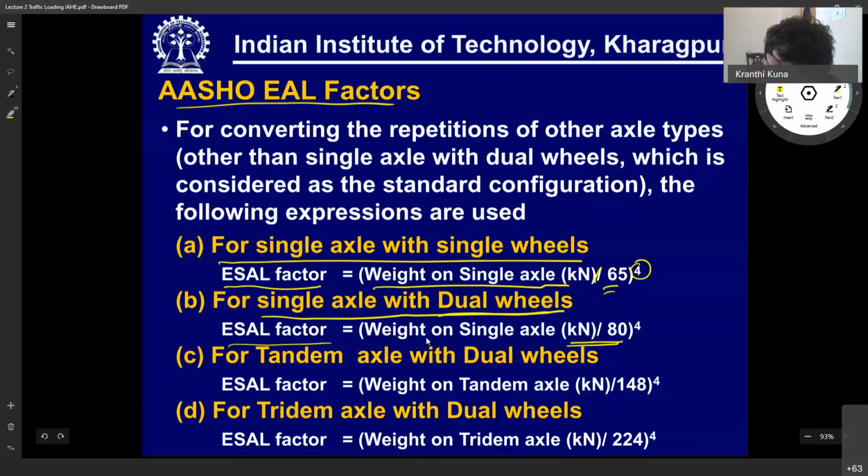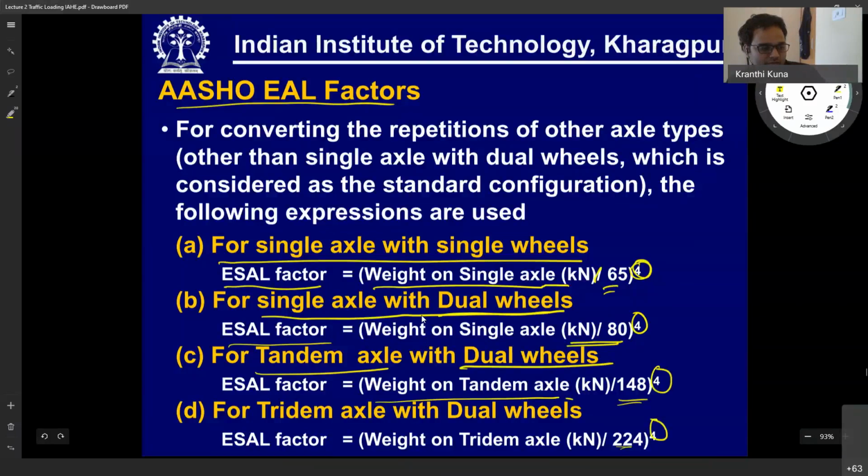If you are having a tandem axle with dual wheel, this is the expression: weight of the tandem axle group divided by 148 divided by 224, and again all of them are fourth power law. This is how you determine equivalent axle load factors.